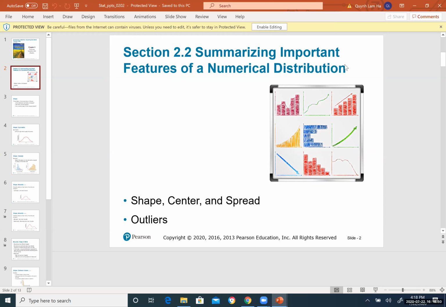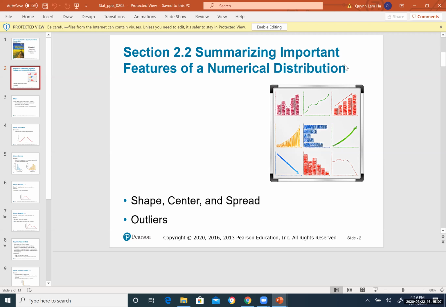Right now, I would like to focus on section 2.2, summarizing important features of a numerical distribution. In 2.1, you already learned how to visualize data using graphs.